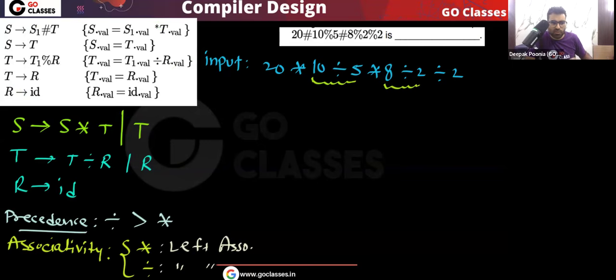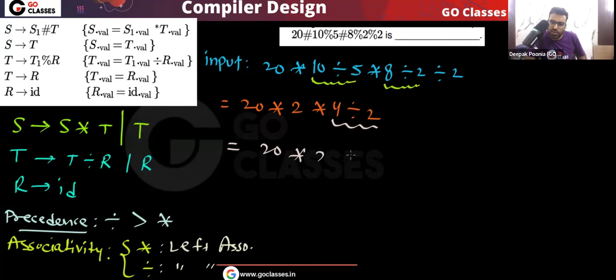So this is what we are going to do. Now what we will get: 20 star, this value will become 2, star, this value will become 4. Then division by 2. Again this division has more precedence, so we will perform it.